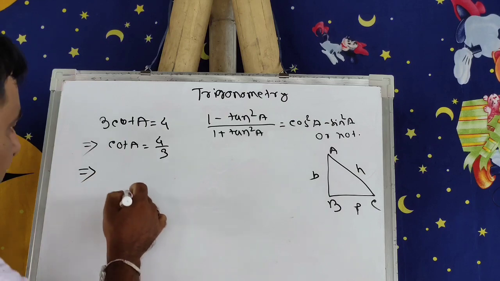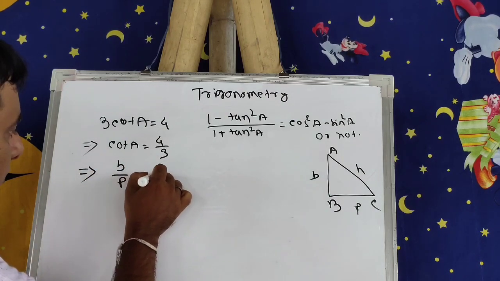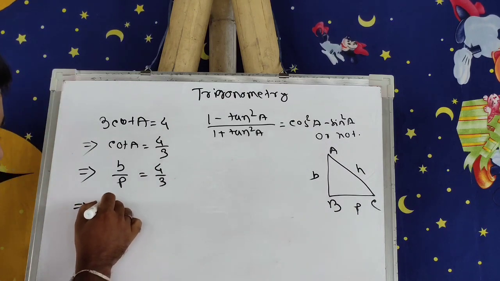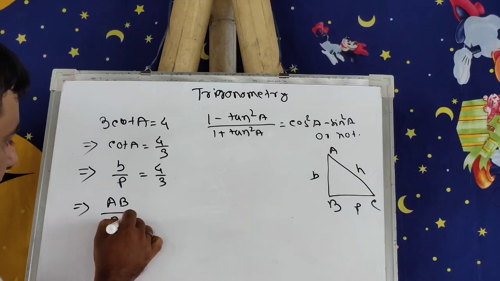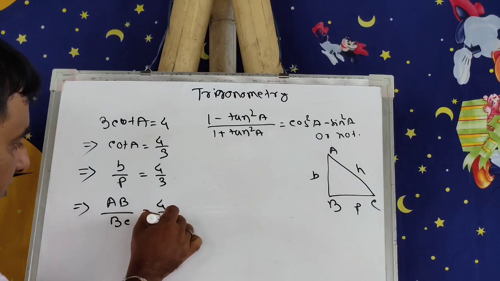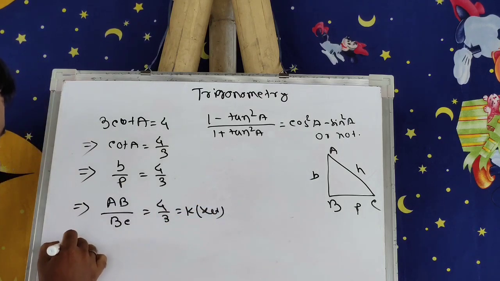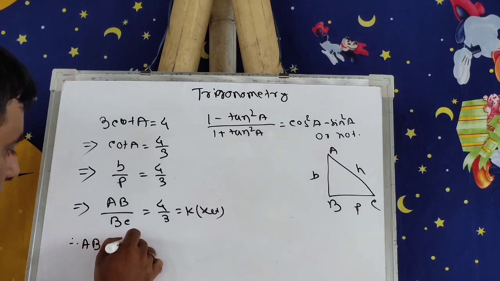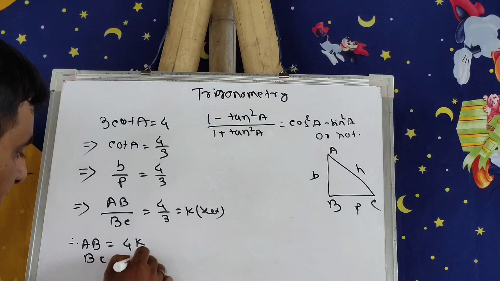Cot A means B by P equal to 4 by 3. This implies AB by BC is equal to 4 by 3 equal to K. Therefore AB equal to 4K and BC equal to 3K.